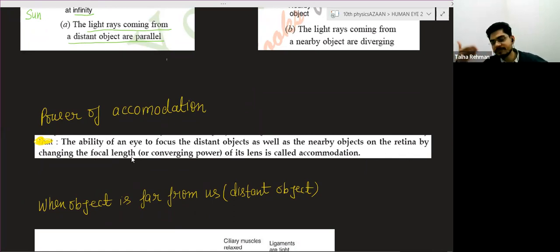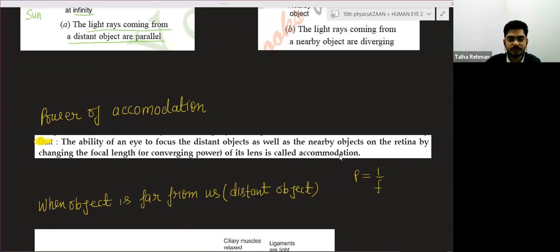If the focal length is changed, then the power of the lens will also change, because power is equal to 1 upon focal length. If the focal length changes, then the power will change. This change is called accommodation, or you can say the power of accommodation.